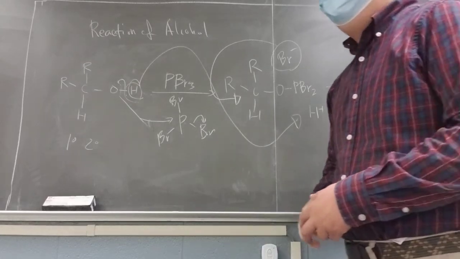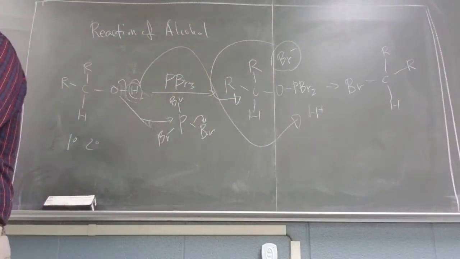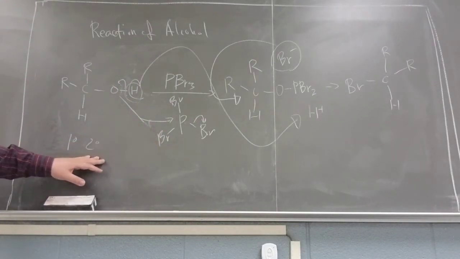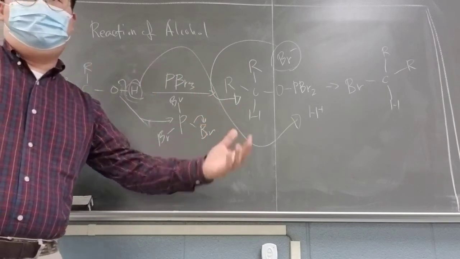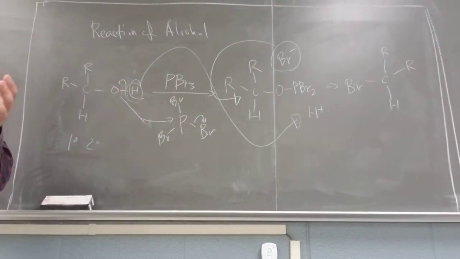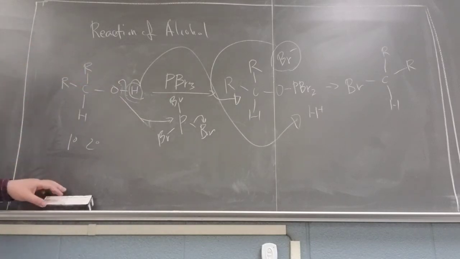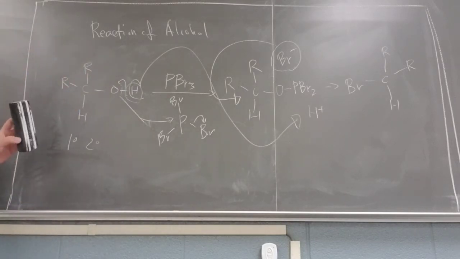We did it this way because this is a primary or secondary alcohol, so we want to use SN2, which has the addition of new groups bonding to the back side. So it will be inversion of the stereochemistry.